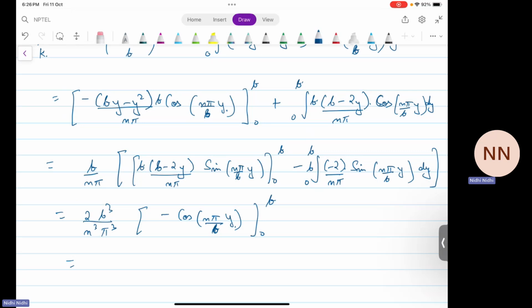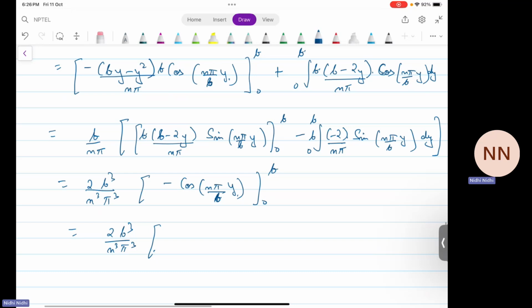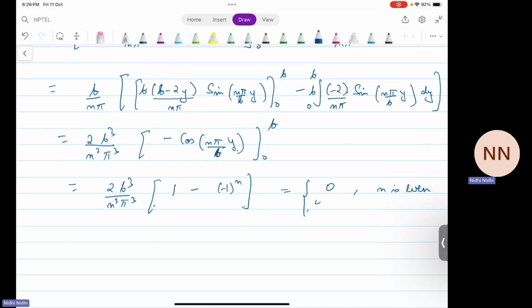So this is 2b cube by n cube pi cube, cos 0 is 1, and cos n pi is minus 1 to the power n, which is equal to 0 when n is even, and this is equal to 4b cube by n cube pi cube when n is odd.